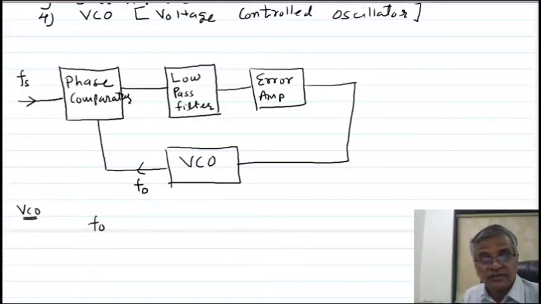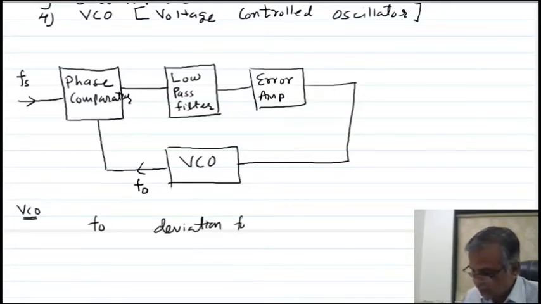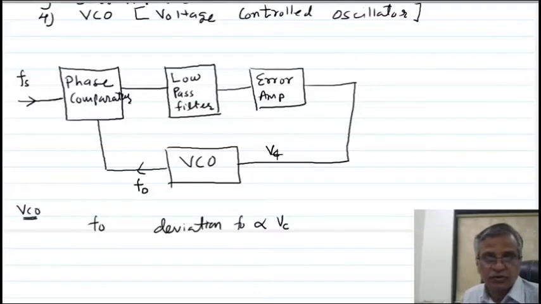Frequency FO can be shifted to either side by applying a small DC voltage, and the deviation in the frequency FO depends upon the VC voltage. This voltage, which I am writing as VC, is the output of the error amplifier.